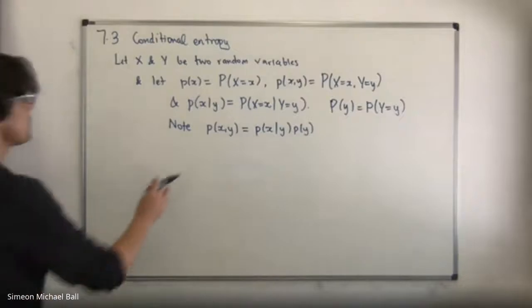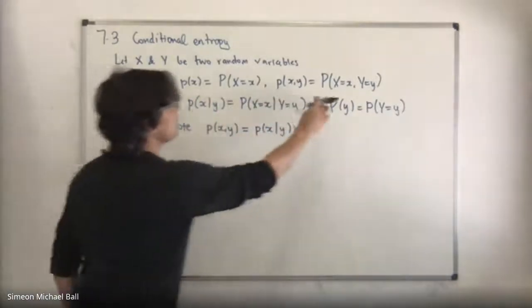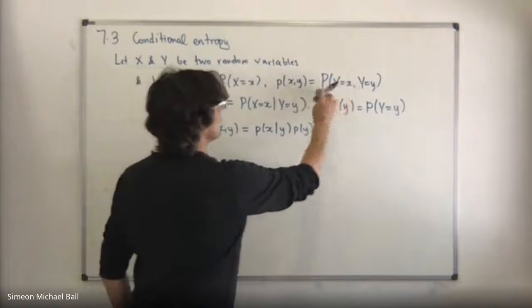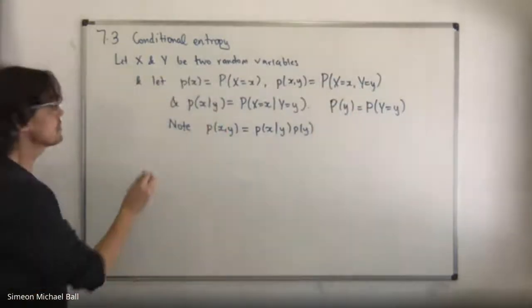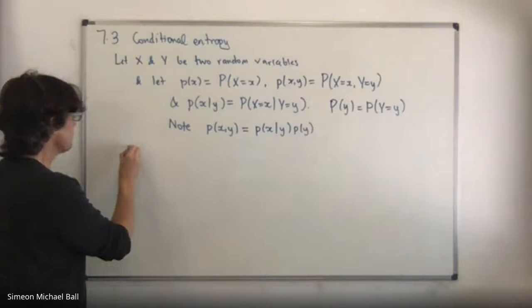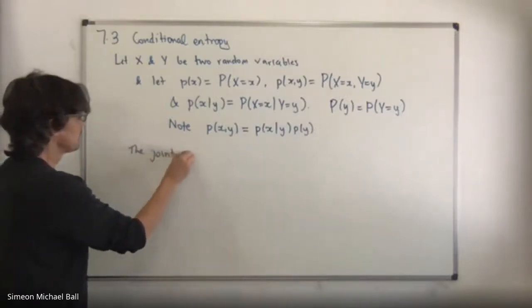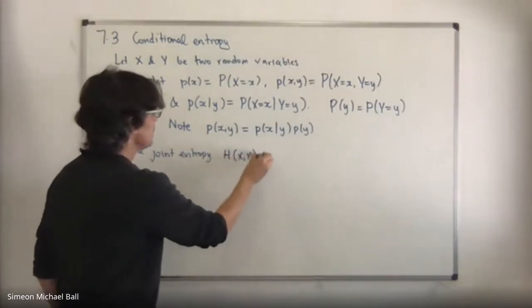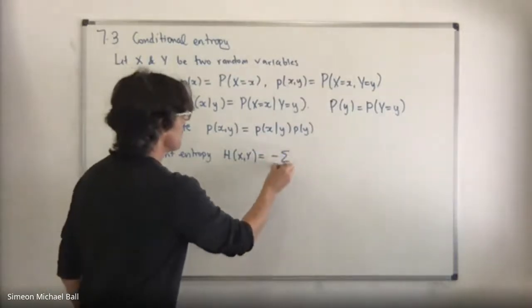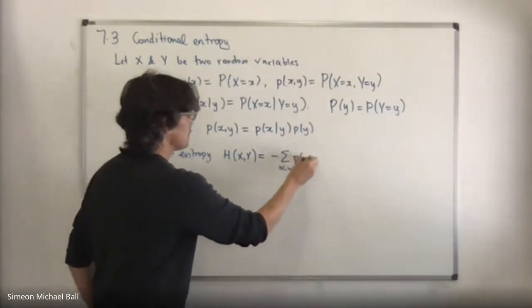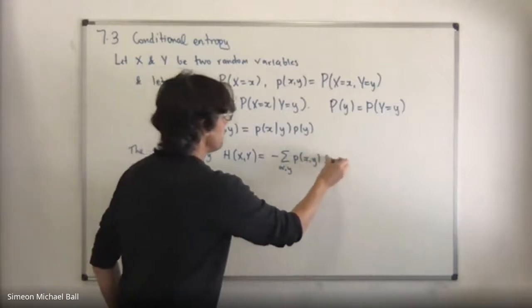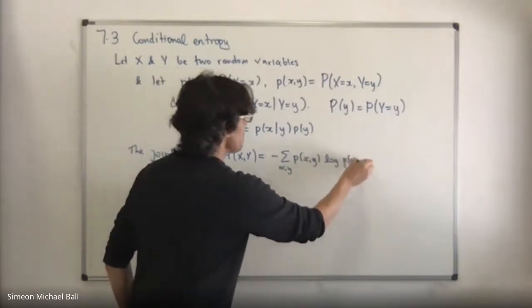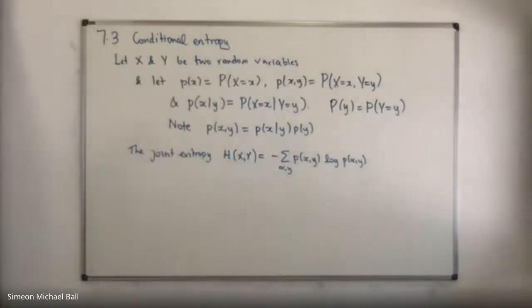Now, this joint probability distribution here is also a probability distribution, so we can define the joint entropy to be the entropy of this joint distribution, like that.